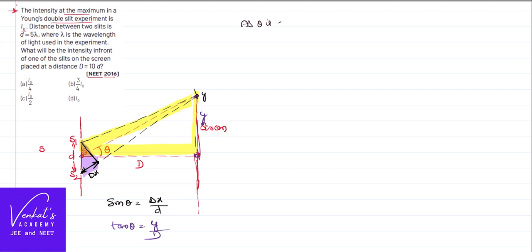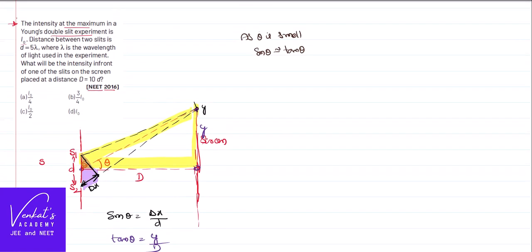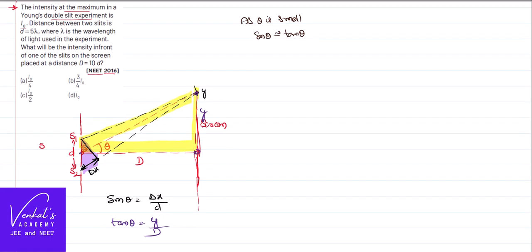As theta is small, sin theta is close to tan theta. So delta x by d, that's the path difference, equals y by capital D. So y equals capital D by d times delta x, where delta x is the path difference.